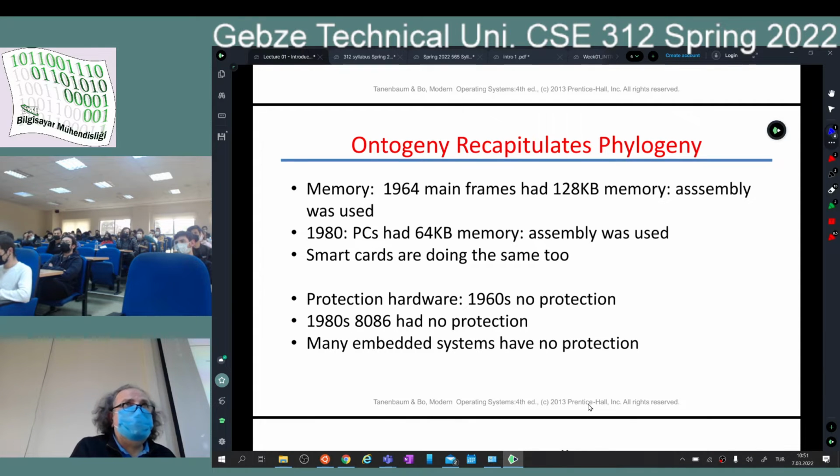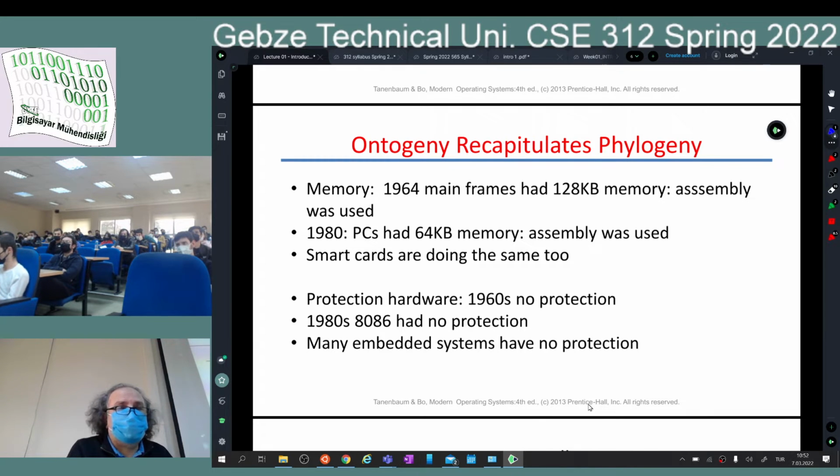Then the technology advanced, and with the invention of integrated circuits, mainframes had megabytes of memory. But then in the 1980s, PCs had very little memory, 64 kilobytes. Again, we used assembly language to program those PCs in those days, okay? Then in the 2000s, our embedded systems didn't have much memory, so we used assembly language to write programs for them. Nowadays, smart cards don't have that much memory or CPU power. We do the same thing for smart cards.